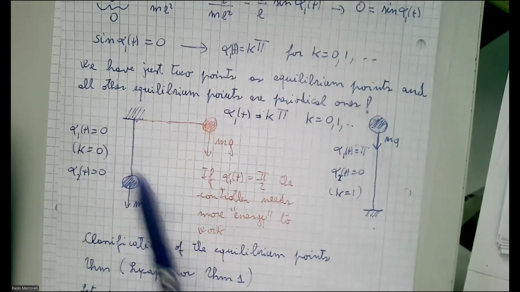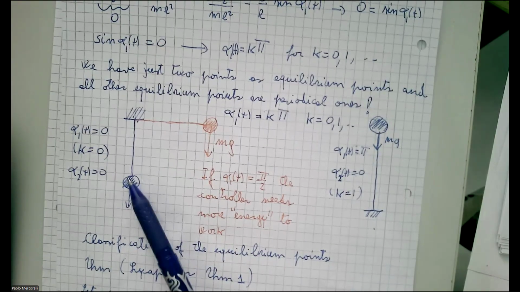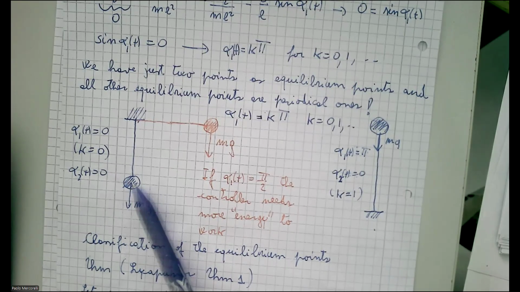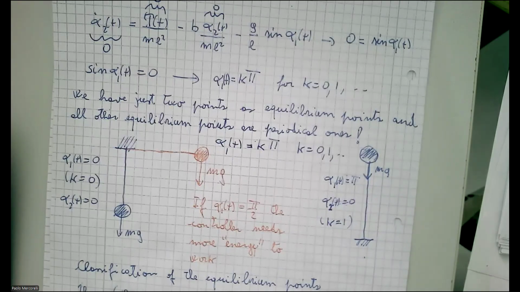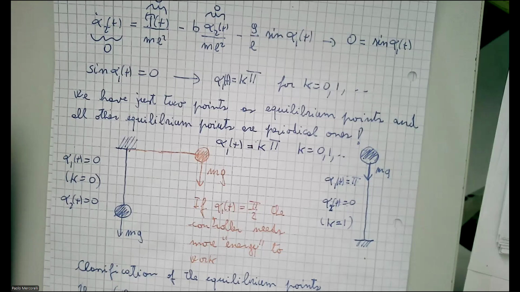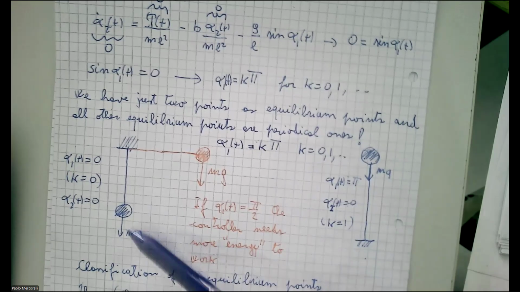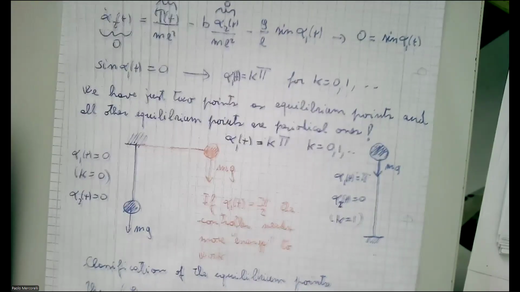It's intuitive to say, and easy to demonstrate, that this equilibrium point is asymptotically stable. This equilibrium point is unstable. It's easy intuitively. We will see mathematically in accordance with theorem 1. Unstable because if I move a little bit, I will fall down here, and here I will come back if I move a little bit. We will go in depth later.